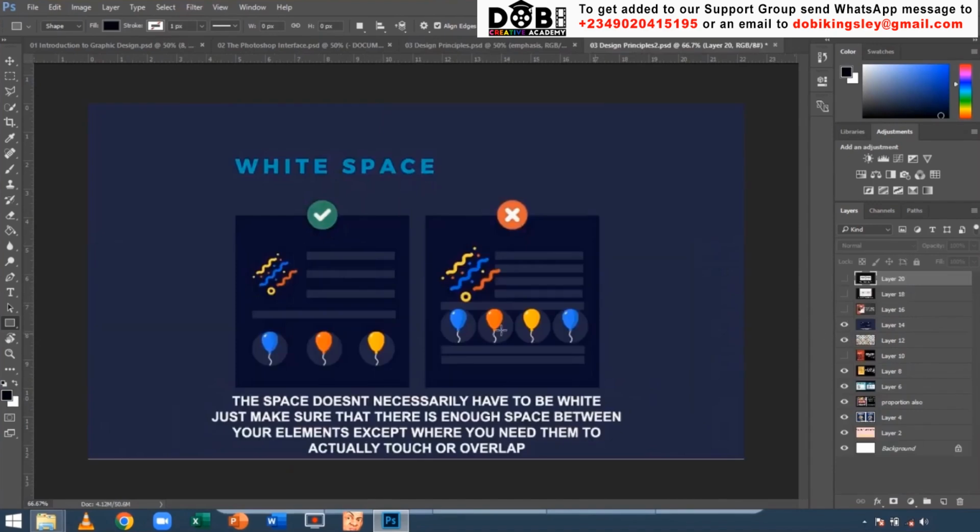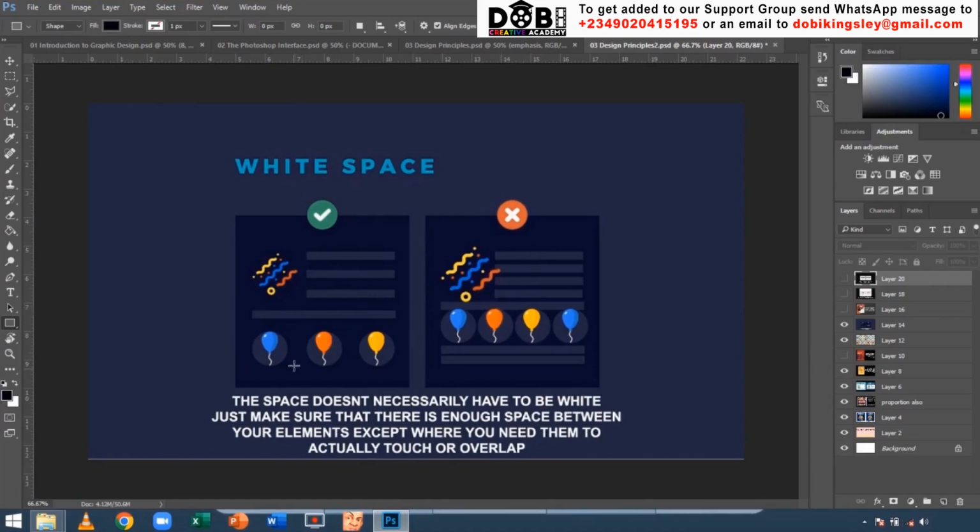All right, let's just look at this. You can see spaces between the elements here, and you can see this here. Which do you prefer? You can see this looks very decent, very clean, as opposed to this other design. It looks so crowded, no spacing and all.